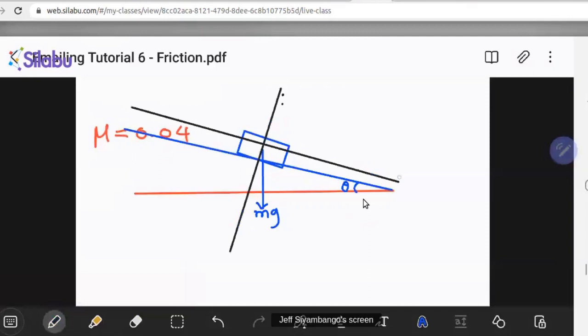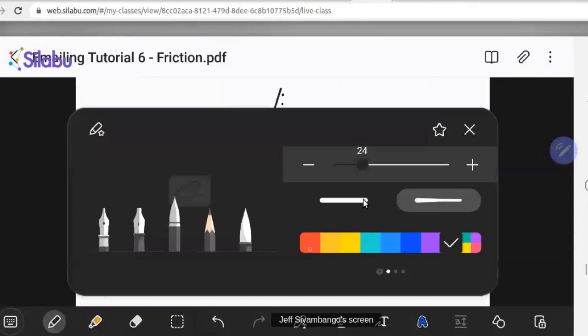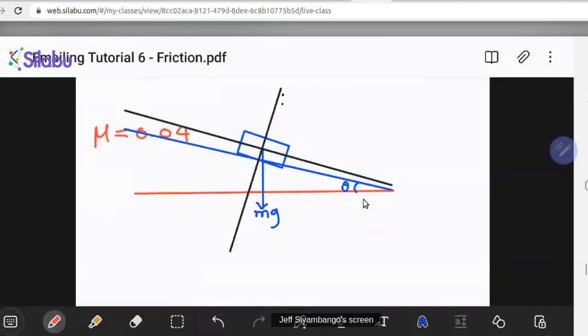I will just move my x-axis so that it passes right through the middle of the egg. Based on our description last time, this weight mg can be split into two parts. One part is a component heading down the inclined plane, and one part is a component of the weight pressing it against the inclined plane, like that.